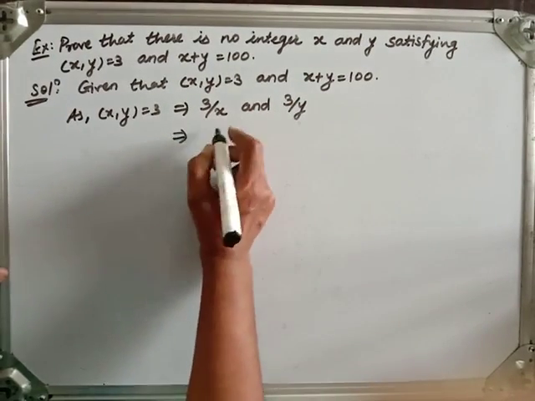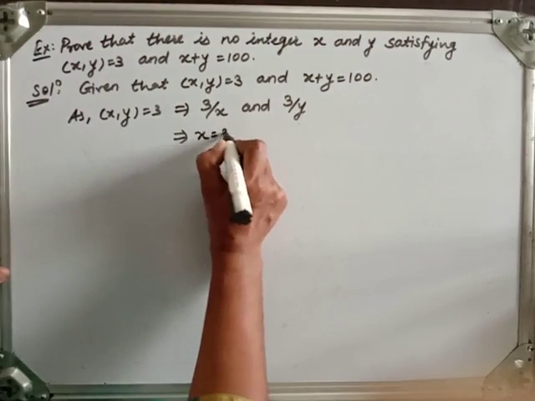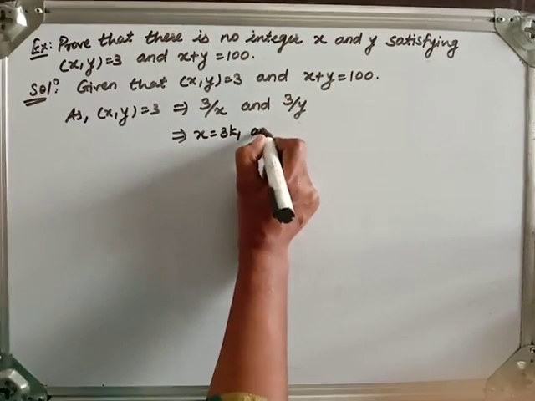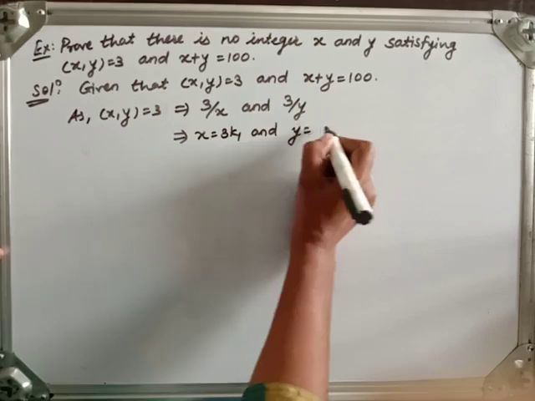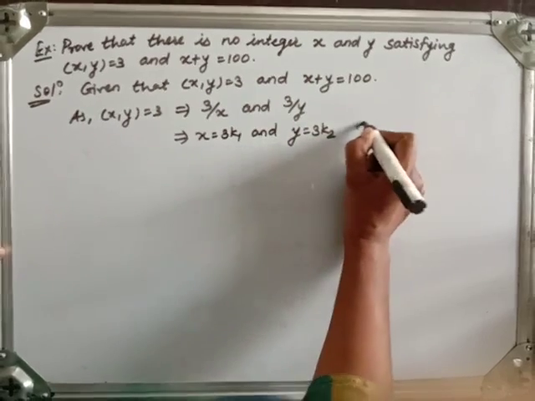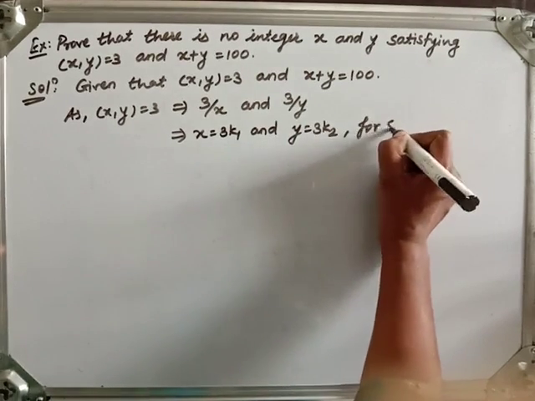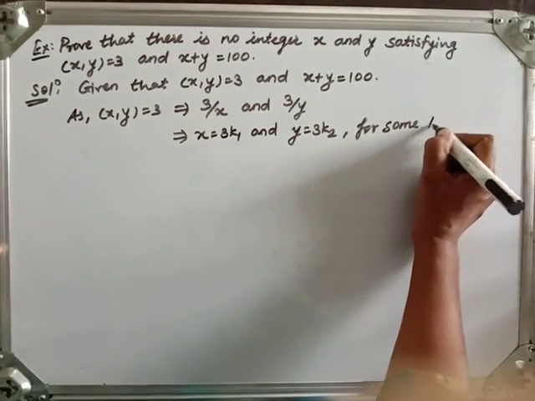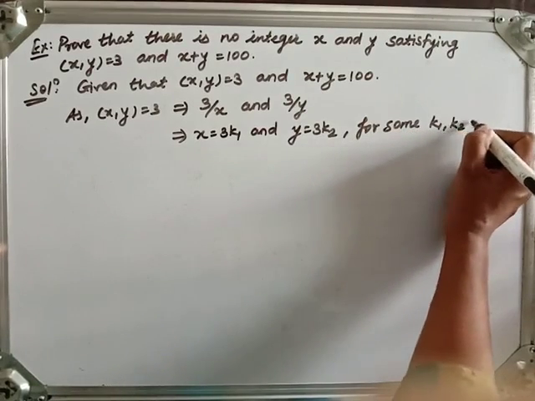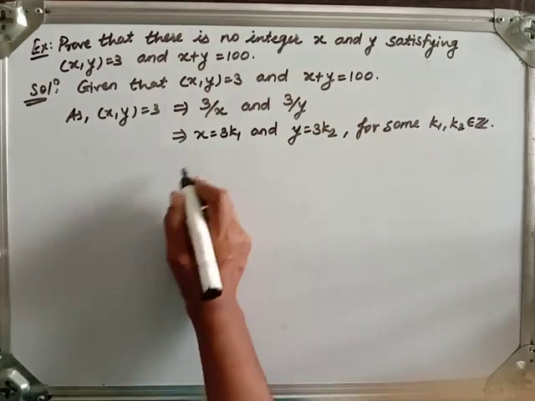So this says x is equal to 3k1 and y is equal to 3k2, for some k1, k2 belongs to Z.